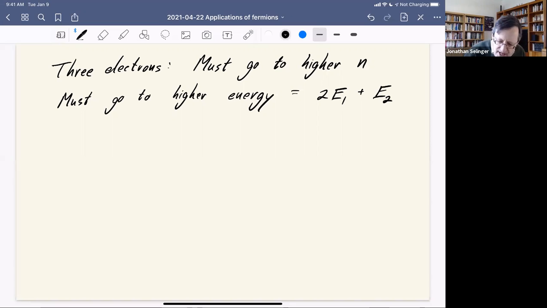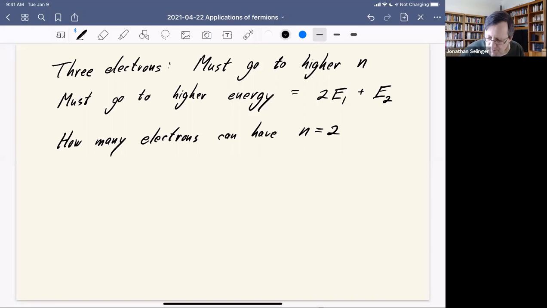Okay, and then we can ask how many electrons can have n equals 2. Well, here we need to count the allowed values of L and M. Okay?